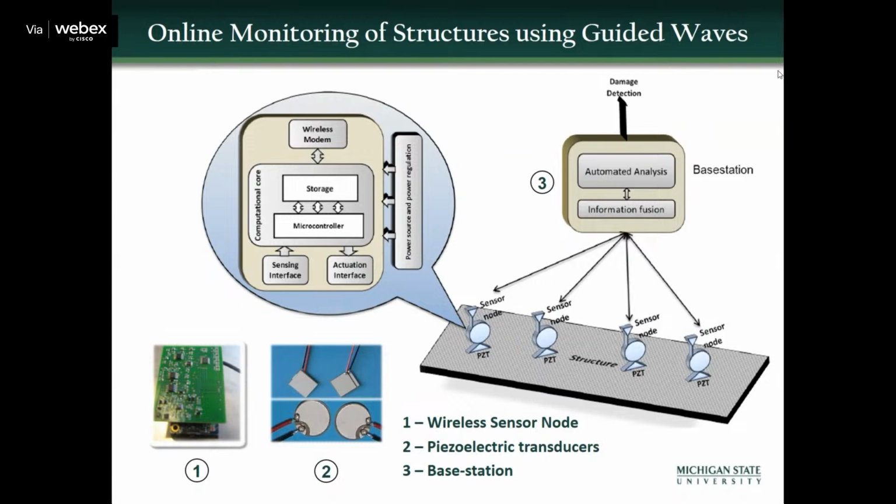Here is another example of doing that. For the sensor node, there's a computational core where you have the microcontroller facilitating the PZT sensor for actuating and also performing the sensing, where you collect the data. When you have the data, you can have it stored and then transmitted to the base station.